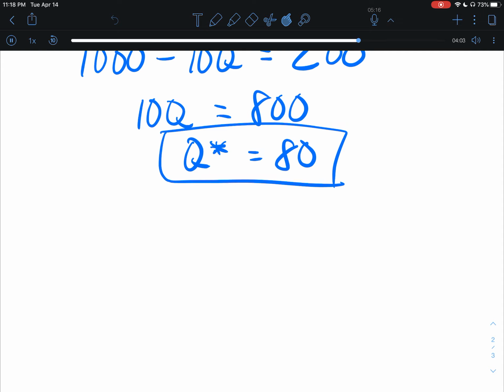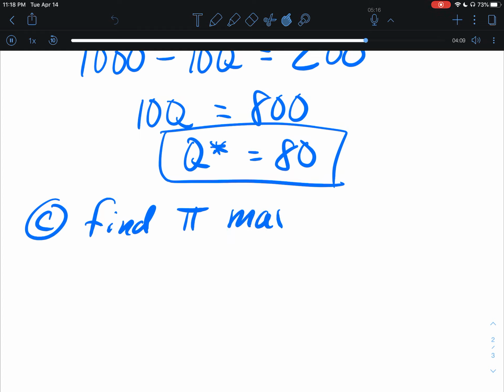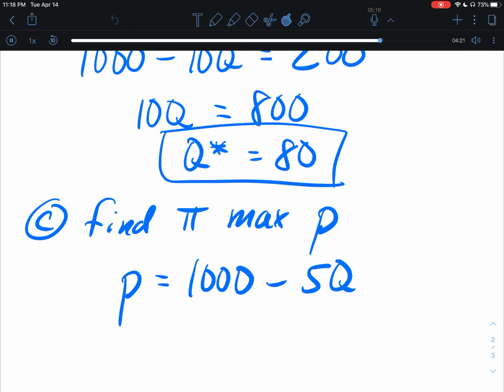And last but not least, we're going to try to find our profit maximizing P, profit maximizing price. We can go back to our inverse demand curve, which we said was P equals 1,000 minus 5Q.